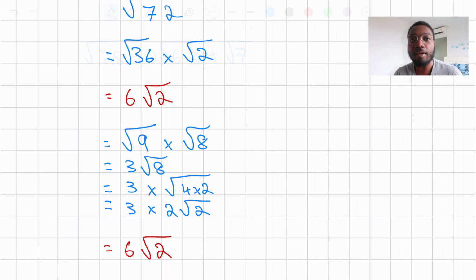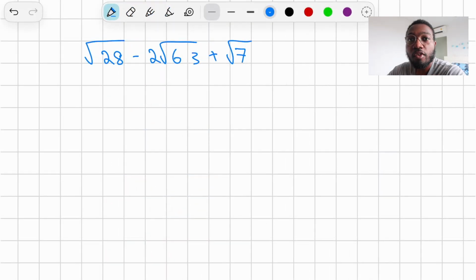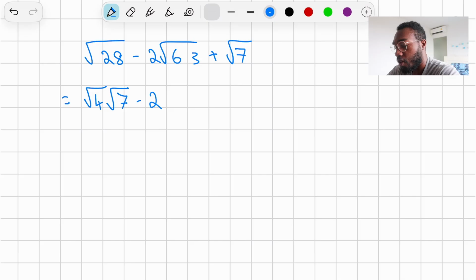So for this question, we have the square root of 28 minus 2 root 63 plus root 7. Again, just simplify down like normal. So we get the square root of 28, a square number factor is root 4, root 7, minus 2 lots of 63. Again, think of the square number factors, so 9.